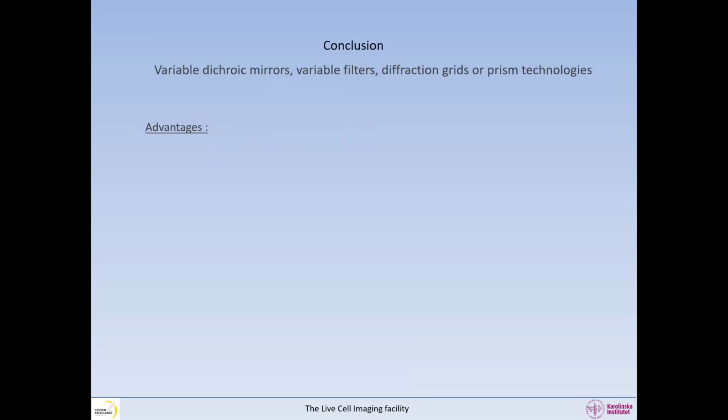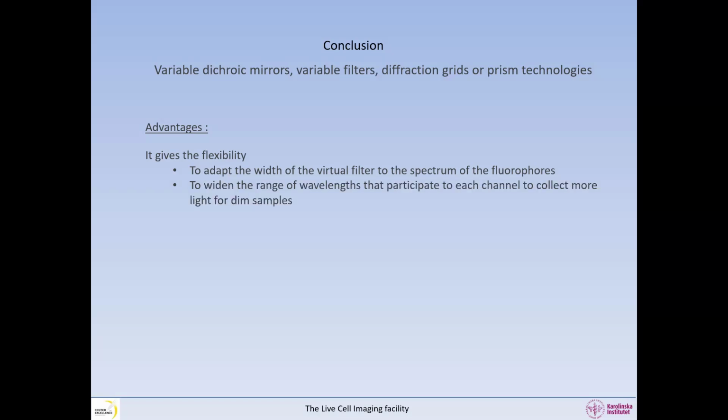So in conclusion, variable dichroic mirrors, variable filters, or diffraction gratings have a lot of advantages. First of all, they give you great flexibility. You can adapt the width of these filters to the spectrum of the fluorophores, so you can combine several. If you did your homework and found out what the overlapping parts are, then you can move this so-called virtual filter, so you can avoid bleed-through.